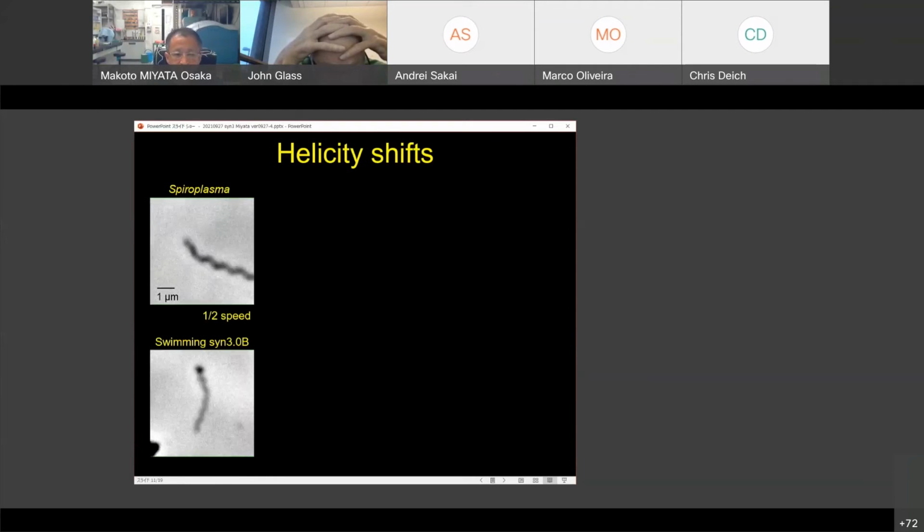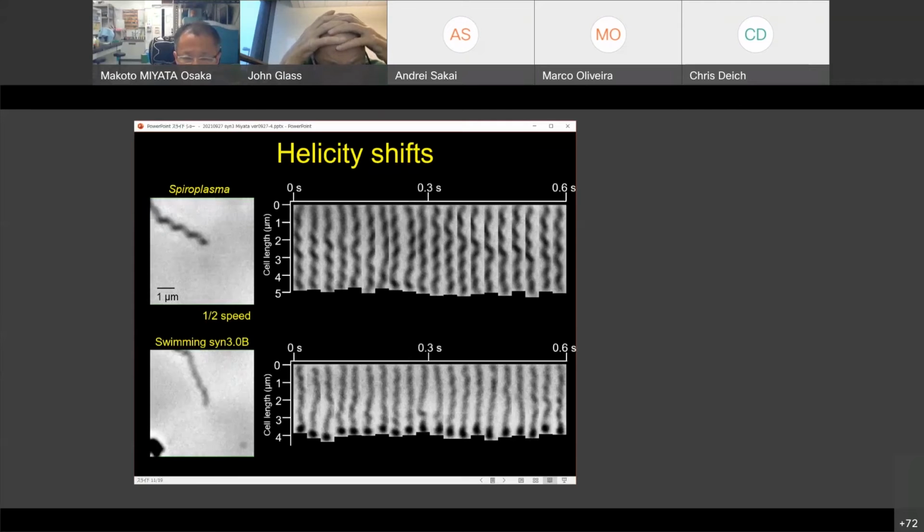We also analyzed the helicity shift. Here is the half speed video of the swimming. We picked the frames and straightened the cell by the computer, then aligned these images like that.